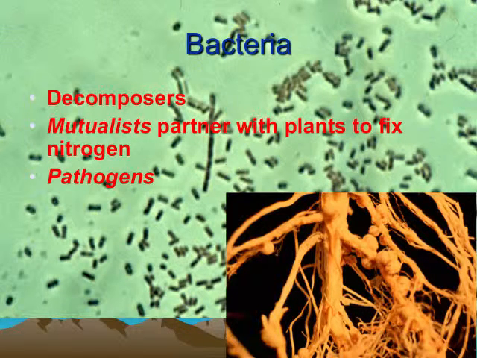Bacteria, major source of decomposing our residues. They help fix the nitrogen. Along with the legume, there's the nodule on the legume. You can always tell when the nodule's working if you dig up one of those plants and slice it open. If it's pink inside, it works.